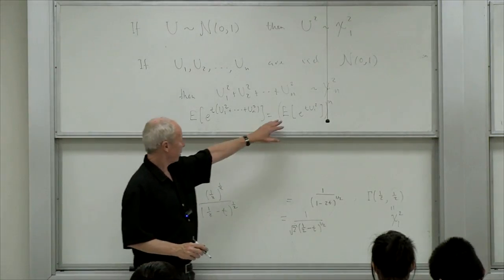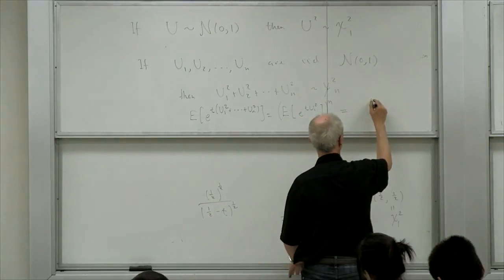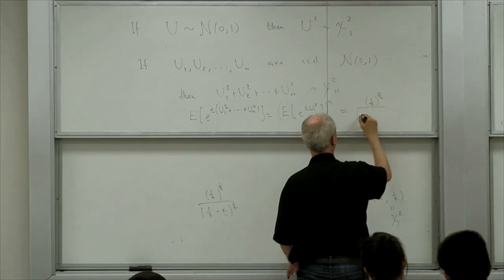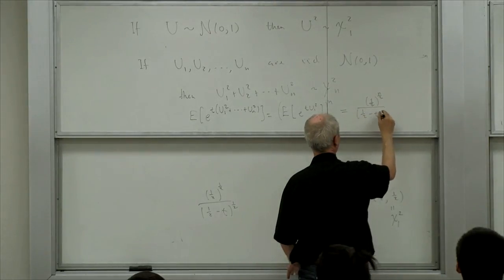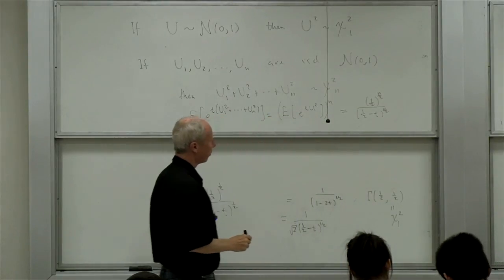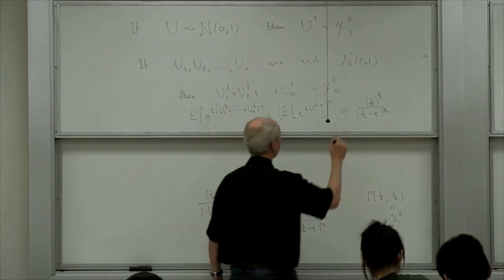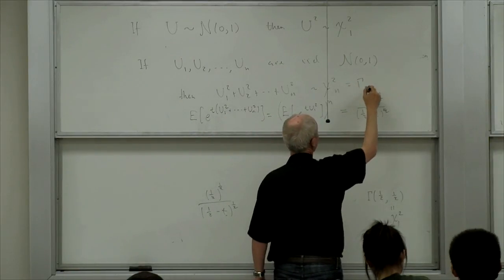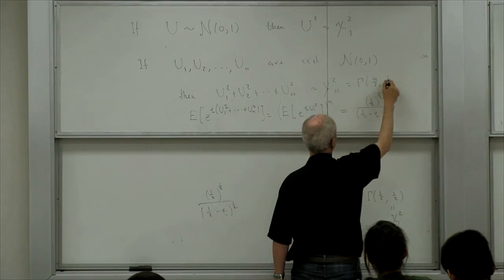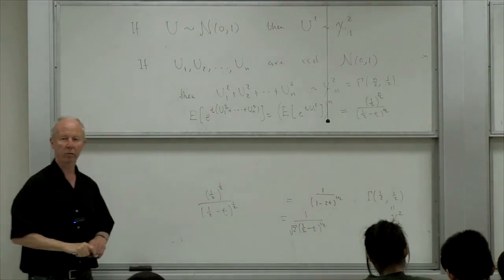And we just computed this. Here it is. And that's a gamma with what parameters? N over 2 is the alpha, and lambda is 1/2. Okay. So we know the densities for these already.